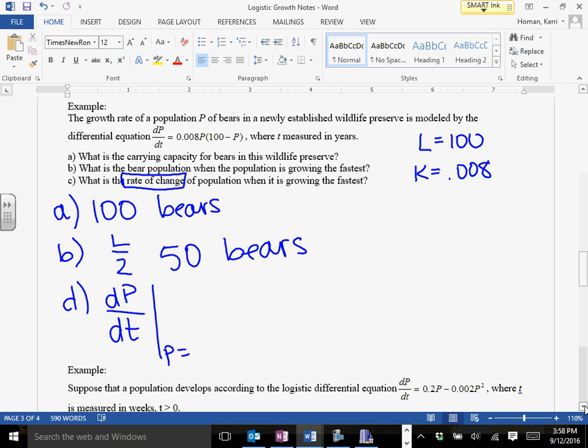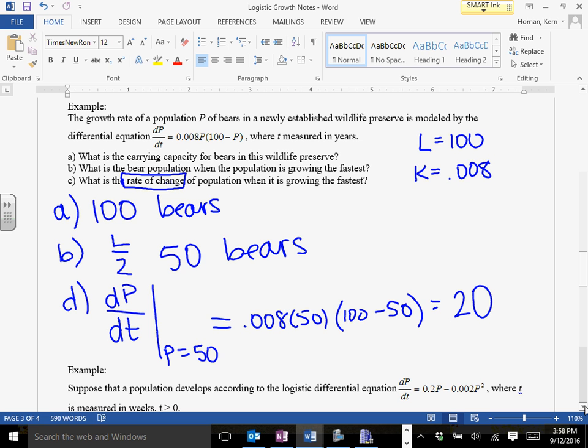So when P equals 50. So when we plug 50 into our rate of change, or our derivative, we have 20.